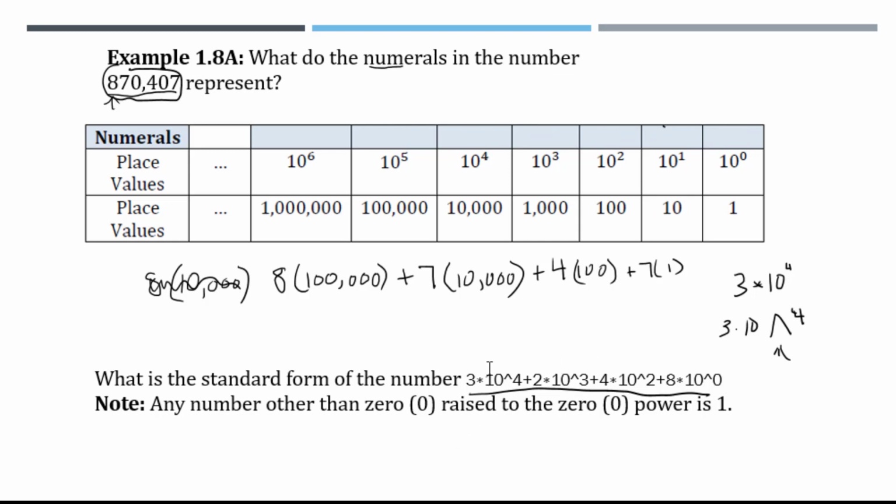Okay, so now we have these numbers that we want. We know what that is. Here's the long way of doing it. 10 to the 4th is right here. So that's 3 10,000s. Plus 2 10 to the 3rd, thousands.